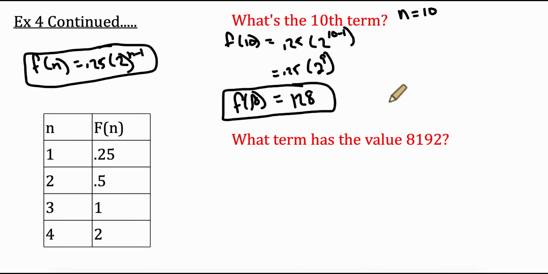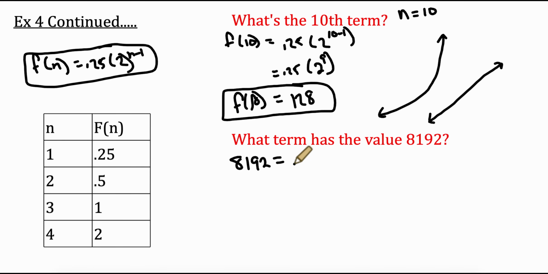These are exponentials, right? That means they're going up much faster than our arithmetic. Our arithmetic were linear. They were going up at the same rate all the time. These grow or decay much faster. What term has the value of 8,192? So in this case, my y value, my term value, I want 8,192 to equal 0.25 times 2 to the n minus 1.